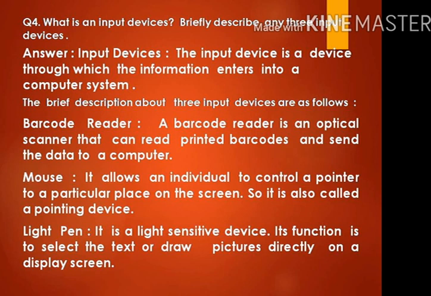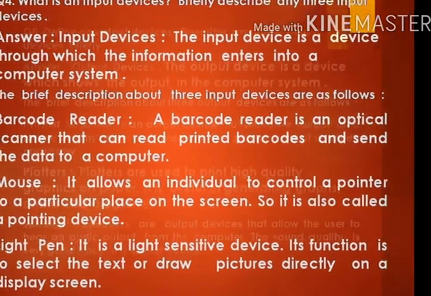So, it is also called a pointing device. Light pen. It is a light sensitive device. Its function is to select the text or draw pictures directly on a display screen.